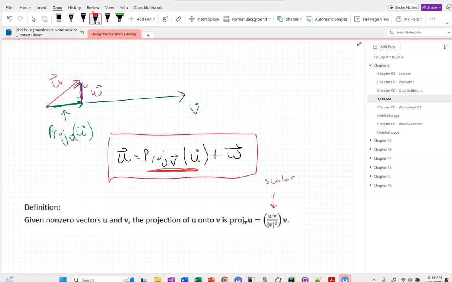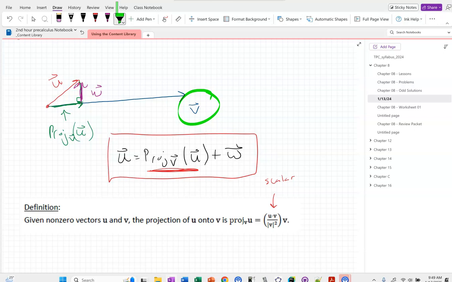Everybody okay with that idea? So notice that in the picture here, we're projecting u onto v, right? The v I've drawn, I drew v like absurdly long. Sometimes v will have a length given to us in the problem, and sometimes it won't.